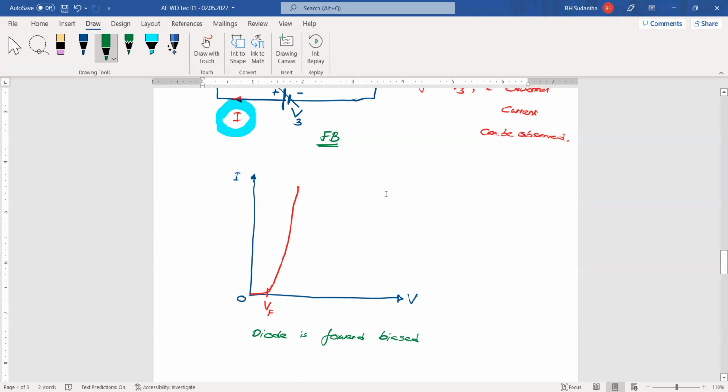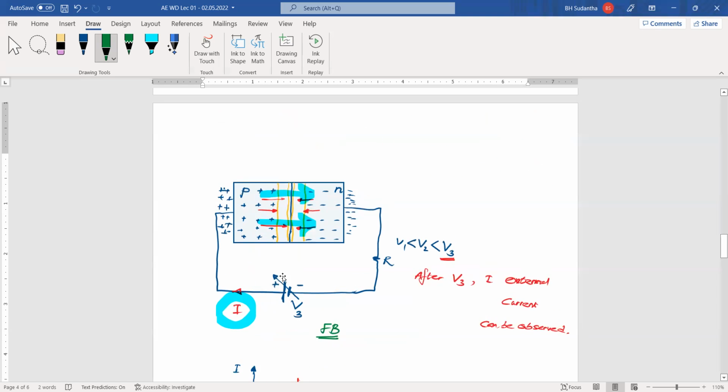Forward bias means when you apply a voltage source with its positive terminal to the positive terminal of the diode and negative to the negative terminal, then you can see that current is going through the circuit.